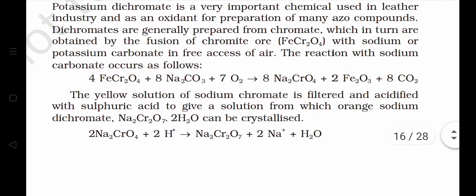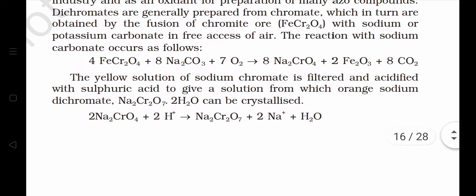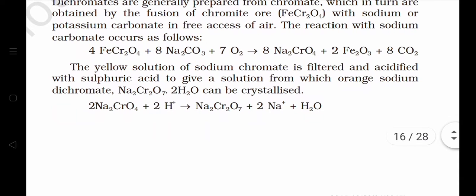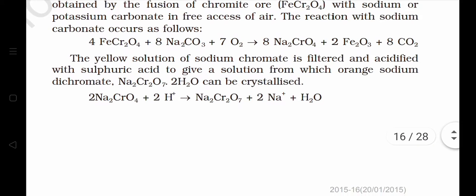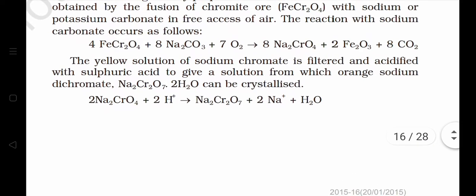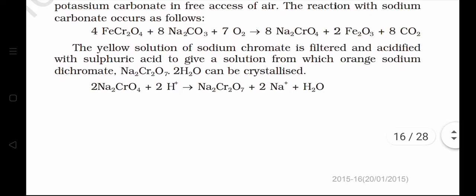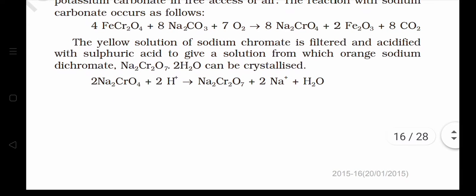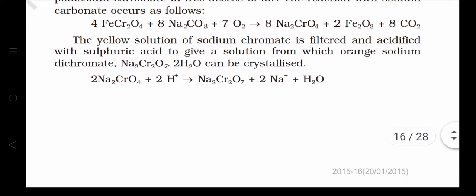It is prepared by fusing chromite ore with sodium carbonate in presence of excess of air. Chromite ore is represented by a formula FeCr2O4.